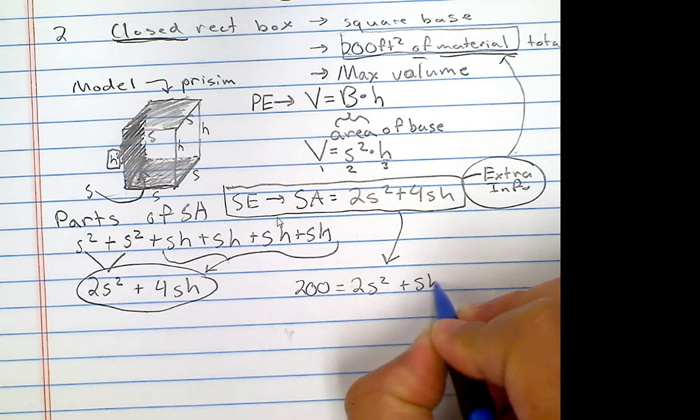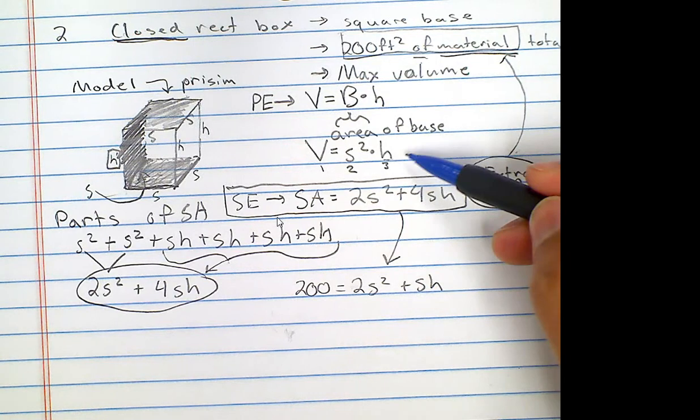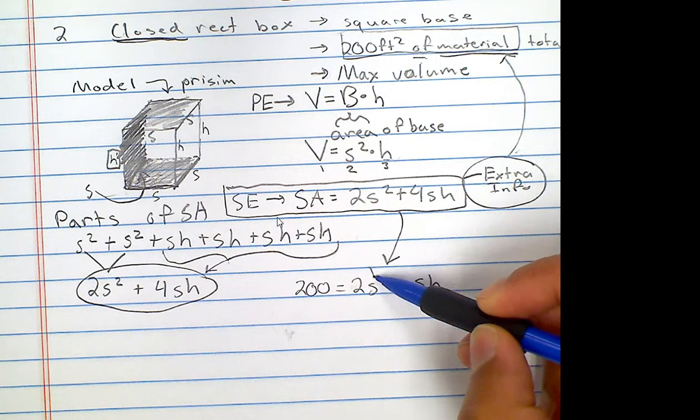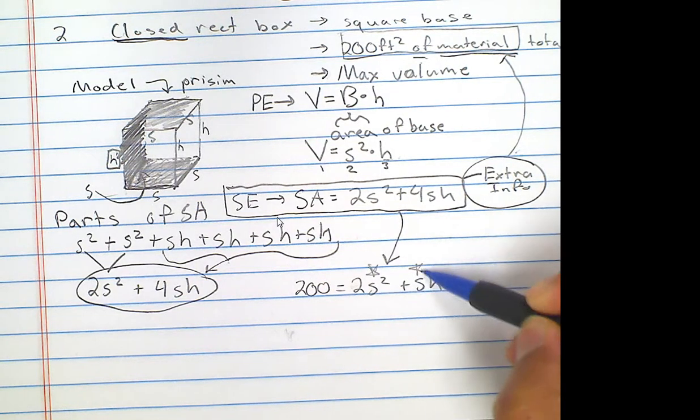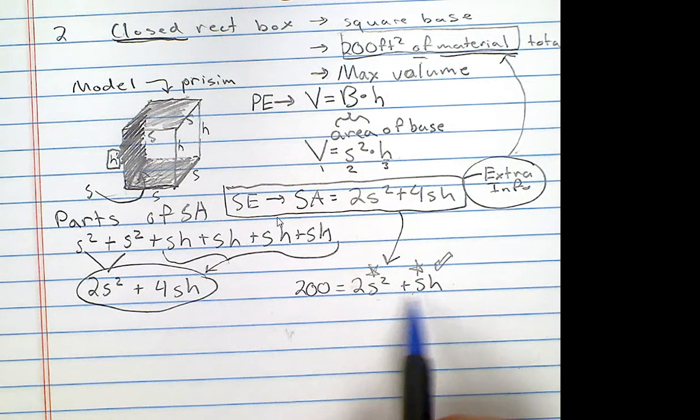Alright, so right here, I know that I had a problem. 1, 2, 3 variables. I'm going to use this to get rid of my problem. What should I solve for? Should I solve for S or should I solve for H? Well, considering there are 2 S's, that might be difficult.